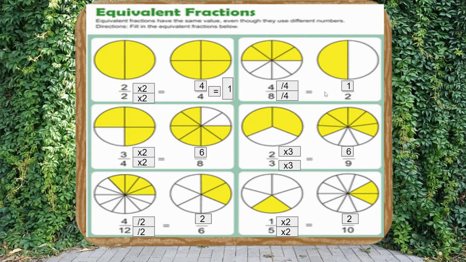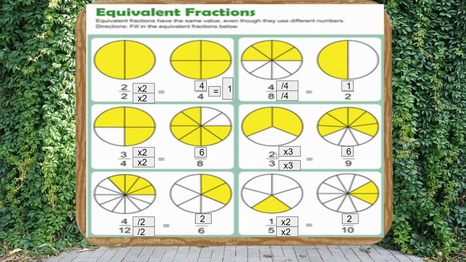And these two fractions are equivalent. Next, we have 4 total parts, which is the denominator here, 3 shaded parts. 3 times 2 is 6. 4 times 2 is 8. 3 over 4 and 6 over 8 are equivalent fractions.